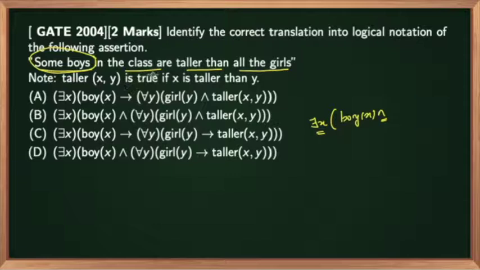Boy of X, they are taller than all the girls, right? So if I have girl of Y, for all Y, sorry, girls, right? So for all Y, see, girl of Y is true. Remember, if I have all the Y, then it should be an implication, right? Then I have taller of X comma Y. So the answer should be D.